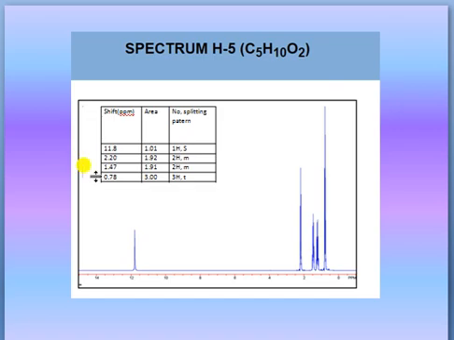So now we have an idea that this molecule has a terminal CH3 attached to a CH2 group, and there are two CH2 groups.